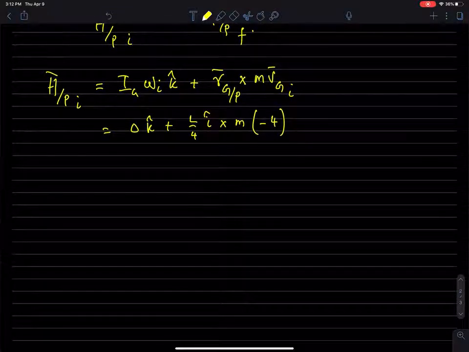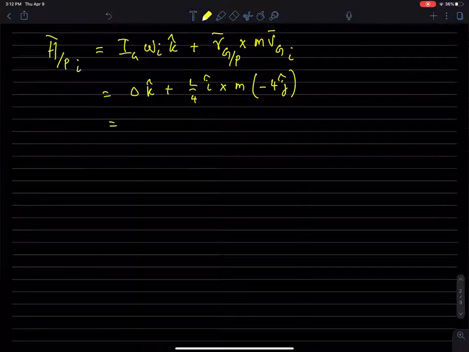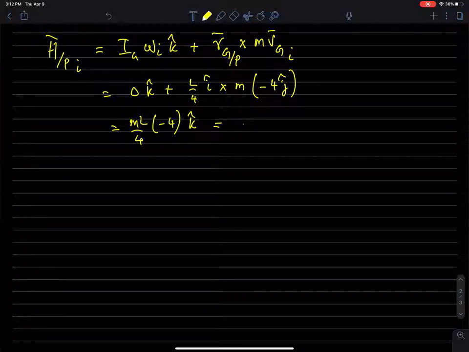In the j direction. So we are going to get mL by 4 times minus 4, which gets cancelled. i cross j is k, so we're going to get minus mL k.